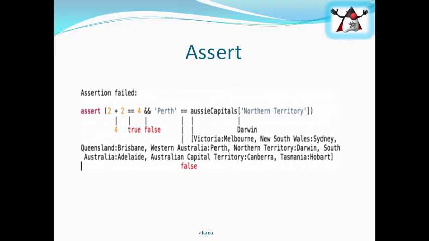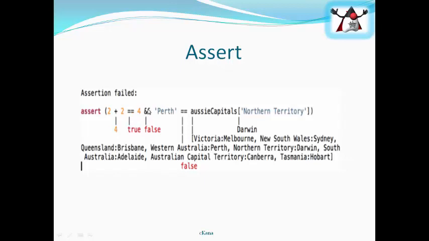In Groovy, the output shows the evaluation of all the statement elements. This is what the output of an assert statement looks like. It is showing the evaluation of all the statements and whether the assertion has failed or has passed. In this case, 2 plus 2 equals 4, so this assertion is true.